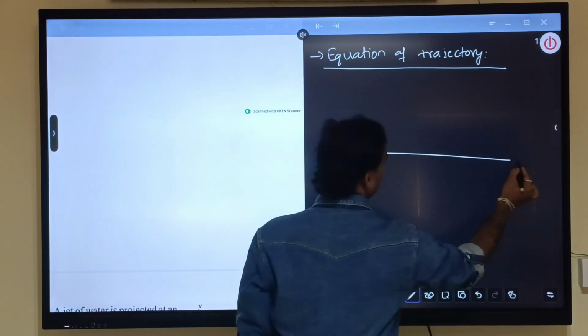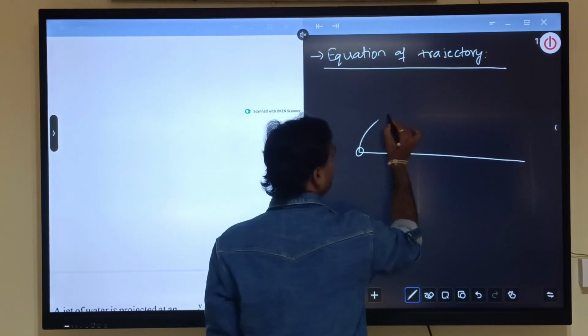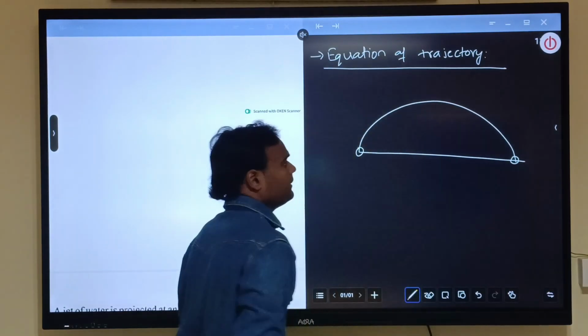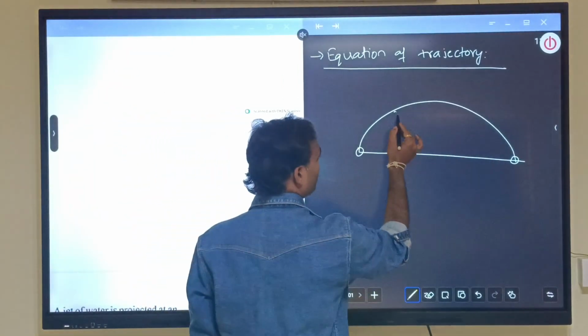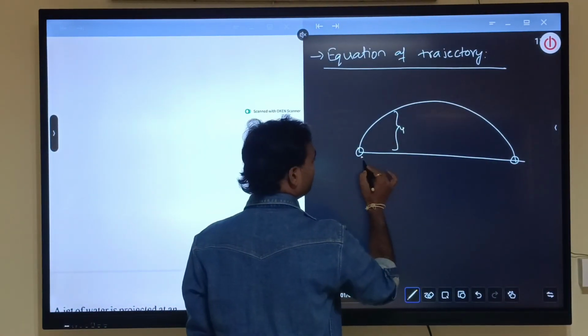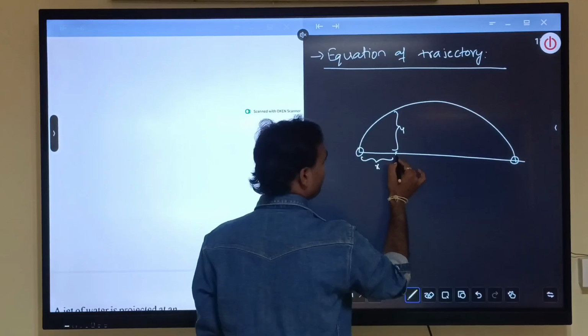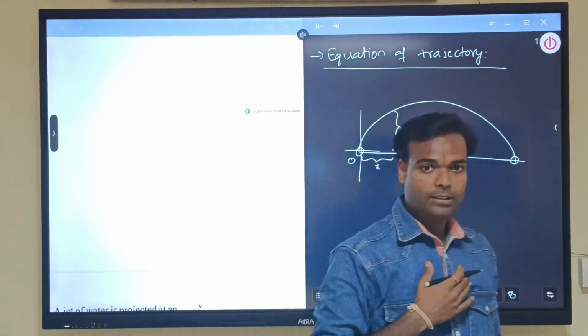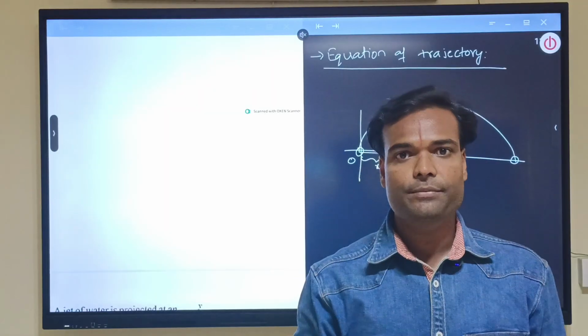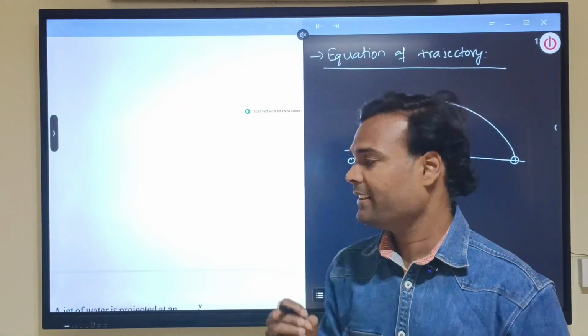Suppose a projectile is following this path, right? And here, let us assume height y. This is at a distance x from the origin, and we are considering a point as origin from where the object starts its journey.